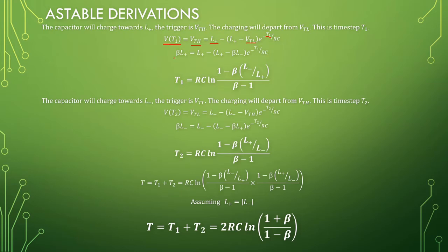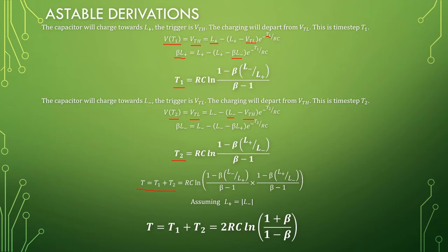So solving for all of this, VTH is beta L plus and VTL is beta L minus, and we can solve to have T1 alone, giving us this nice ln equation. We can do the same for the negative charging that is happening at T2. Our trigger point VTL, departure point VTH, charging towards L minus, solving for T2. Okay, so our final period is T1 plus T2.